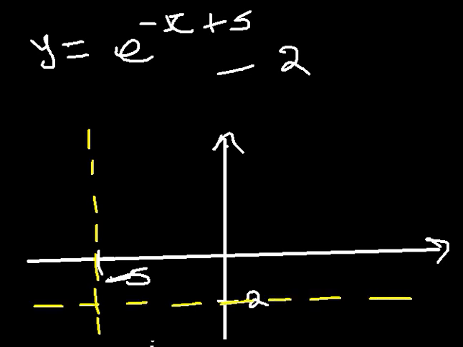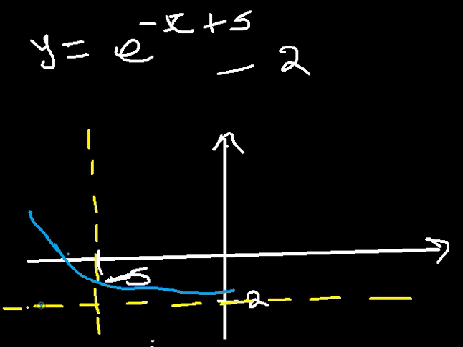You should know that on the same case, the graph is reflecting along the y-axis, which means the graph will go like this. As you can see, we'll have both the x-intercept as well as the y-intercept. So try to find the values of those intercepts.